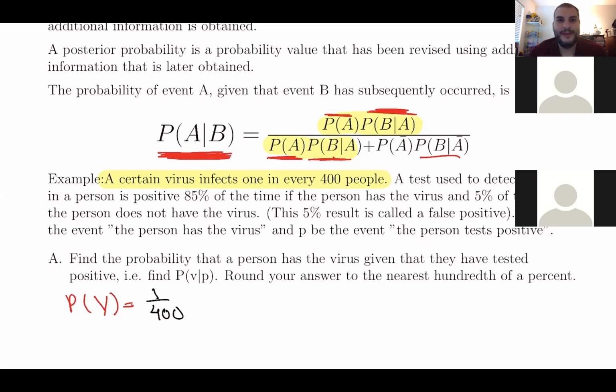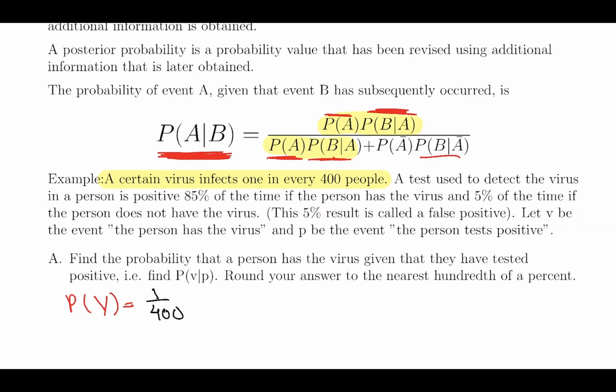All right, let's look at the next thing. Here, let's do a different highlight. It says a test used to detect the virus in a person is positive 85% of the time if the person has the virus. So this one's telling you that if the person has the virus, it's positive 85% of the time.